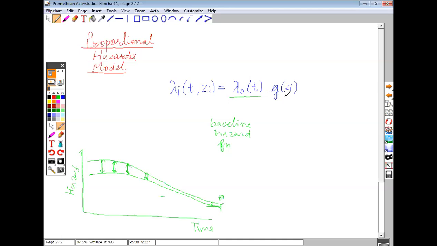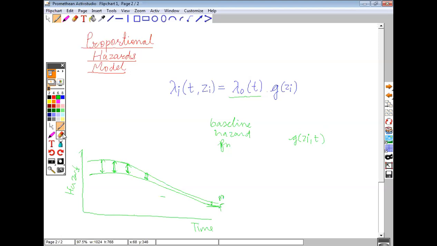So again, you cannot always say that you will be able to categorize this hazard function in this manner, but sometimes this proves to be a very good model, and sometimes it will not. You can also take this as g of z_i comma t, to say that this particular covariate function depends not only on the covariates but also on the time duration.